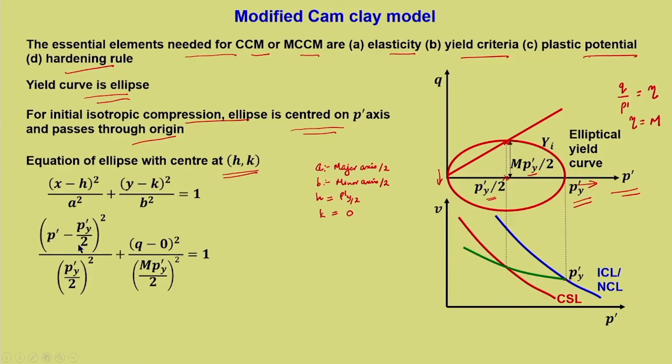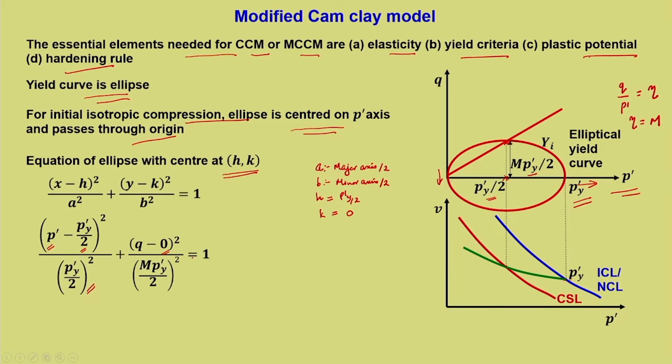So, if you substitute, x means it represents p dash, minus h we have already written p dash y by 2 the whole square divided by a square. Now, a is the total p dash y, so a will be p dash y by 2 whole square. y is q axis, q minus k is equal to 0 whole square divided by b, which is given by m p dash y by 2 whole square, which is equal to 1.